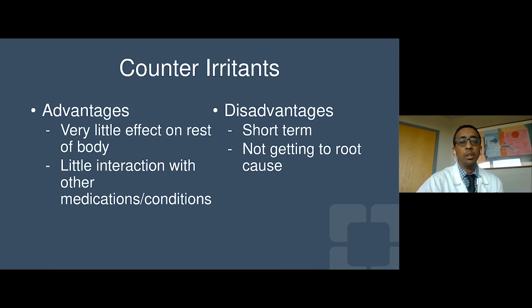And as I alluded to before, they're not actually getting to the root cause. That doesn't necessarily mean it wouldn't help, but there's no effect on inflammation, which, as I've said multiple times, can be a big cause of the pain. So that's something to keep in mind as we consider this as a medication.